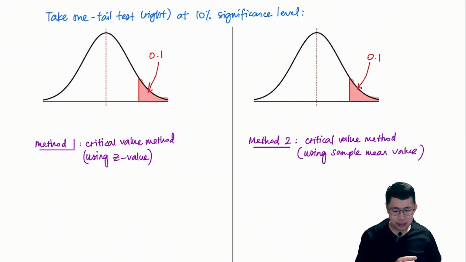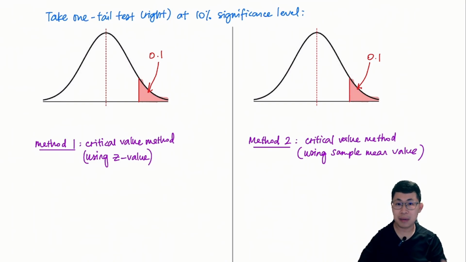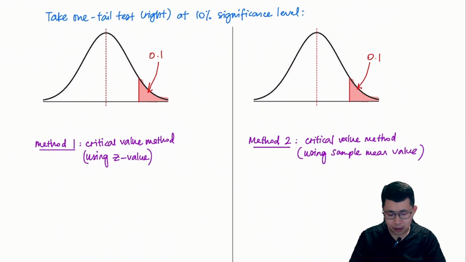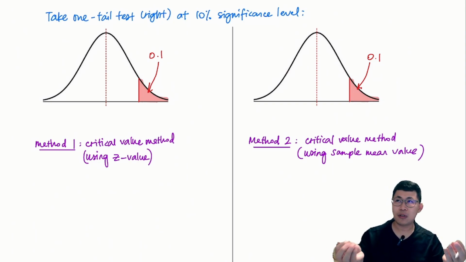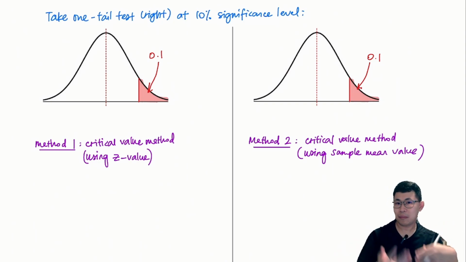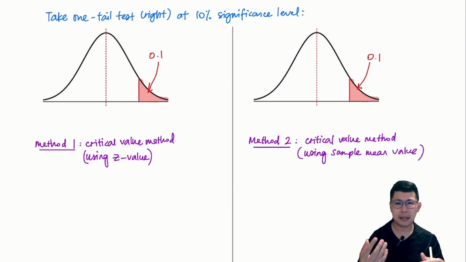We cannot really use the p-value method over here because we don't have an exact sample mean for us to calculate our p-value. It will definitely be less than 0.1 for it to be rejected, but we don't have the exact amount to work backwards. Because of that, the p-value method would be a little bit lacking when we work on backwards questions.